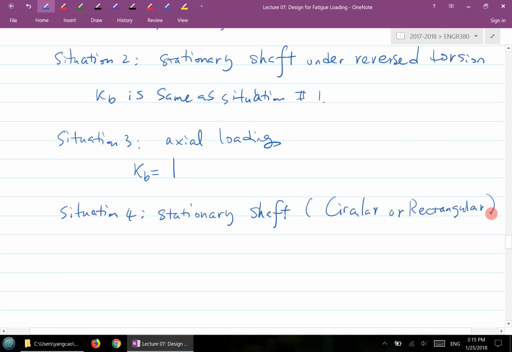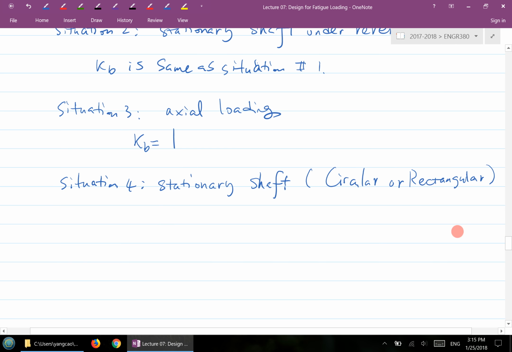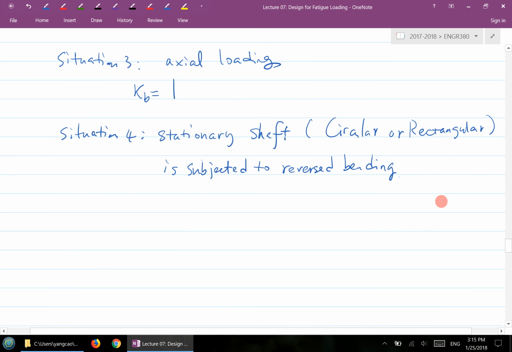So the cross section could be circular, could be rectangular, it is fine, and it is subject to reversed bending. So if you imagine a shaft, it's not rotating, but you have a bending back and forth like this, right? Back and forth. In this case, this is a little bit tricky situation.